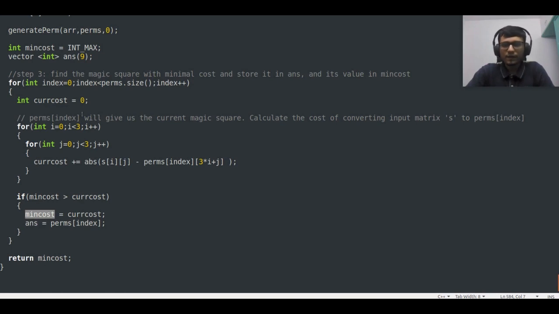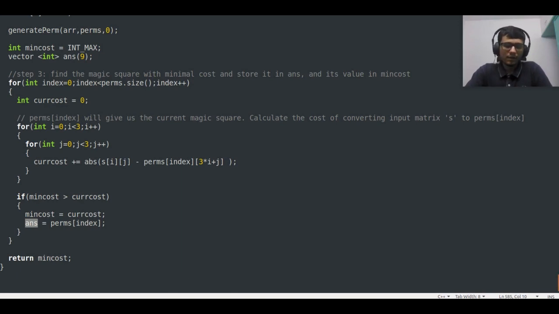The point to note here is that we'll do this for all the 3x3 matrices which are forming magic squares, which are stored inside this perm of index. After this for loop is over, we'll have the minimal cost for converting S into a magic square, I mean the value of converting S to the magic square inside min cost, and the corresponding magic square to it inside the answer.